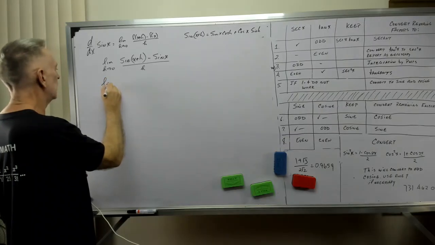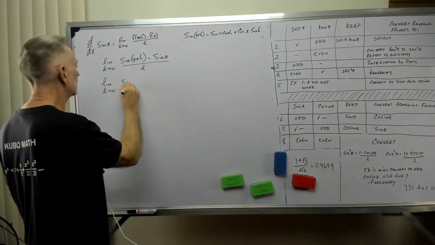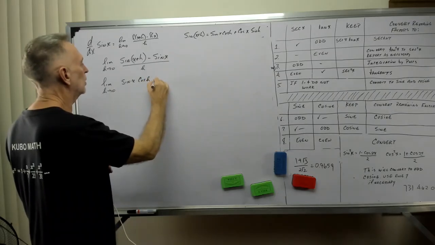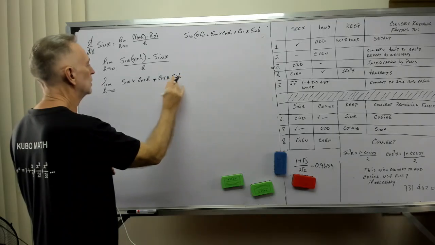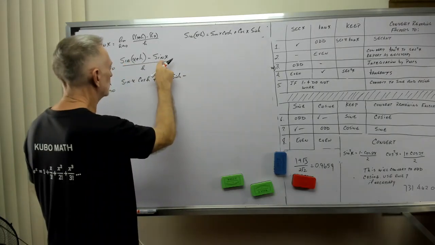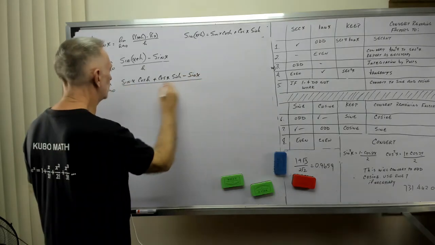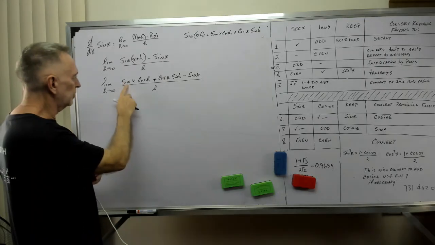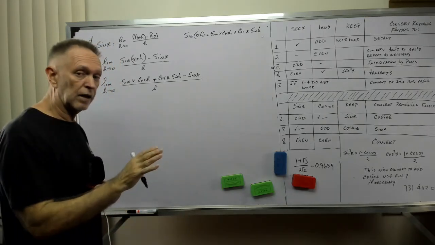We have the limit as h approaches 0 of sine x cosine h plus cosine x sine h, which took care of this term, minus this sine x, all over h. Now you'll notice I have a sine x term here and a sine x term there. I'm going to factor those out. When in doubt, factor.